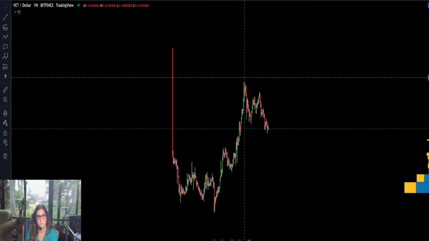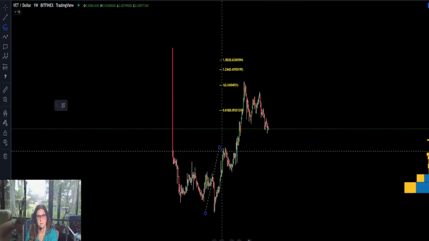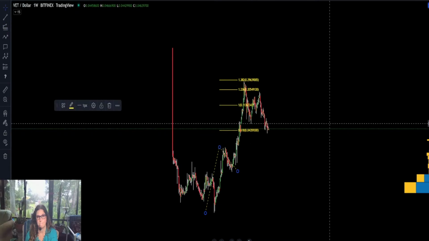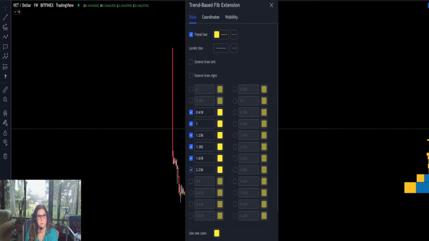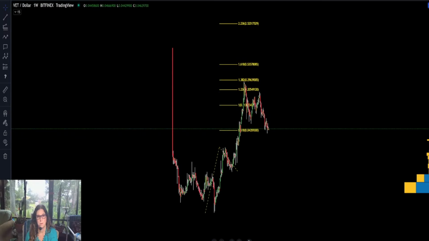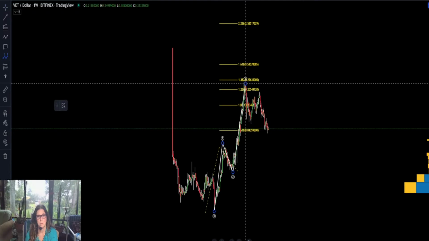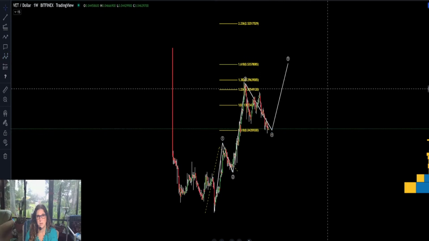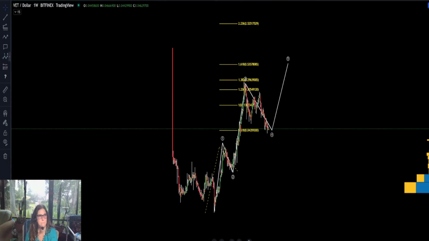But its third did not hit the 1.382. Now, one other thing. If it can stay out of its one, maybe it can get up there for its third.